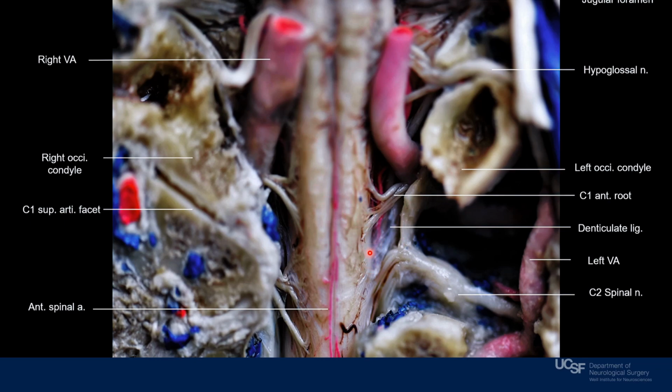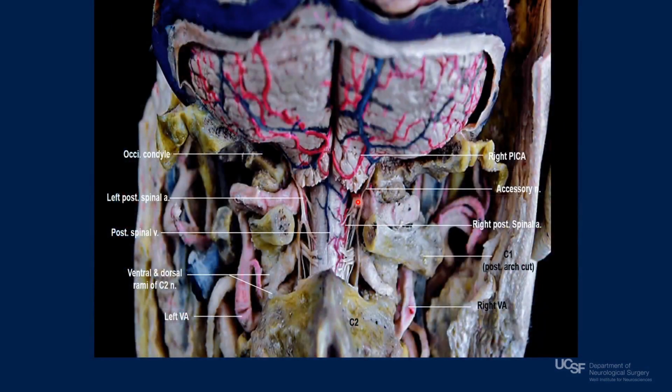It's gonna emerge from the pia and it's gonna attach to the lateral portion of the spinal canal, and it's gonna help to stabilize the spinal cord. Now this is a posterior view.